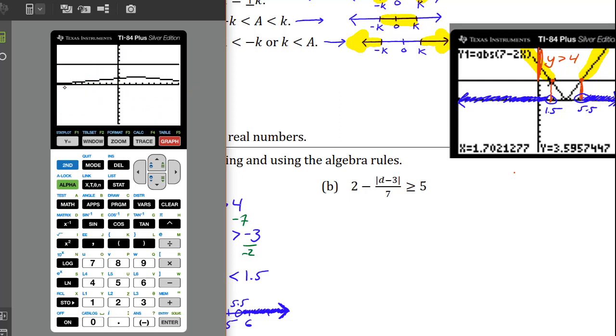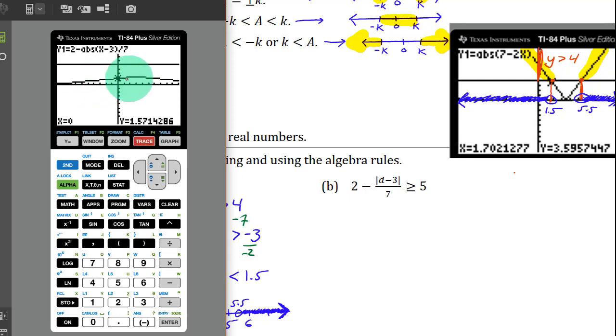okay, it looks like if you trace here, the one that's going up and going down, that's 2 minus this absolute value. And it looks like all of the values of 2 minus |x minus 3| over 7 are always less than 5.